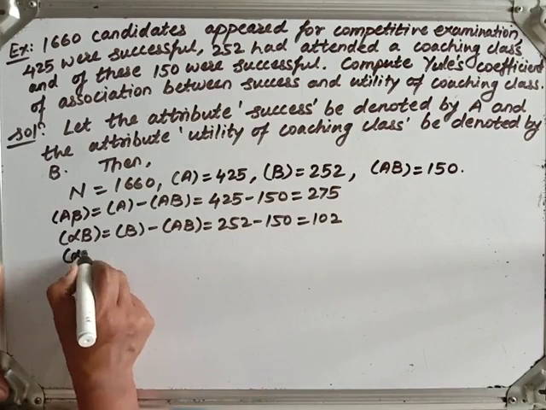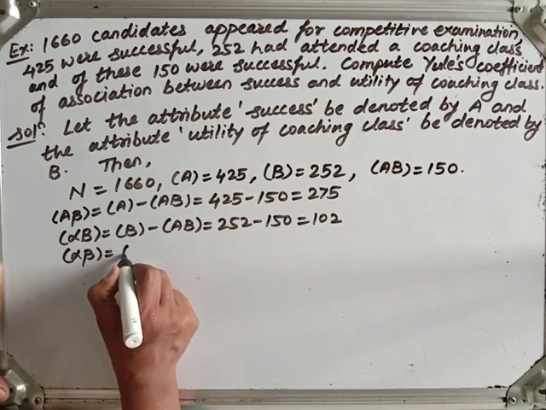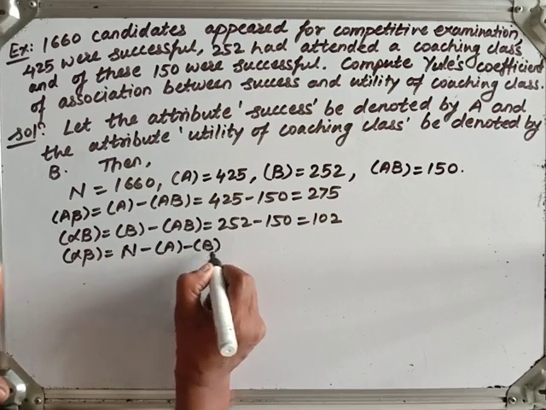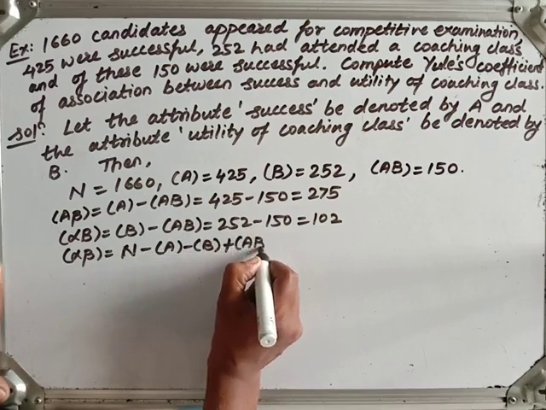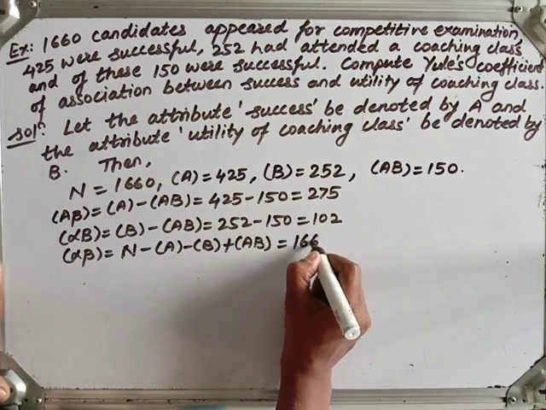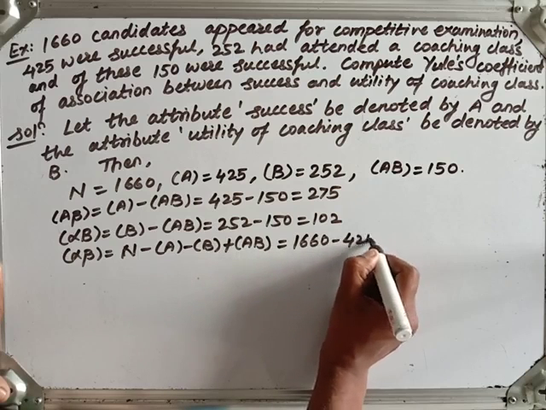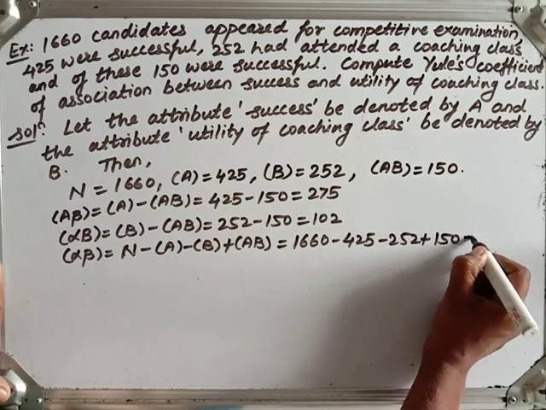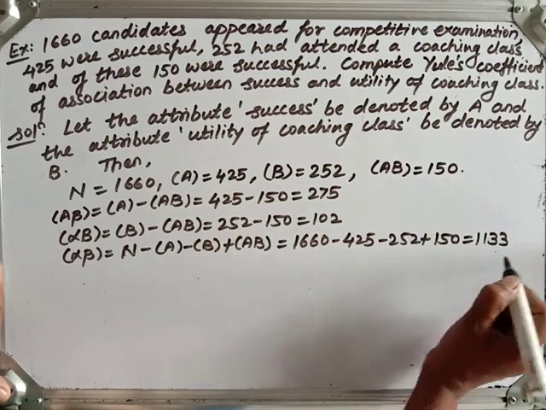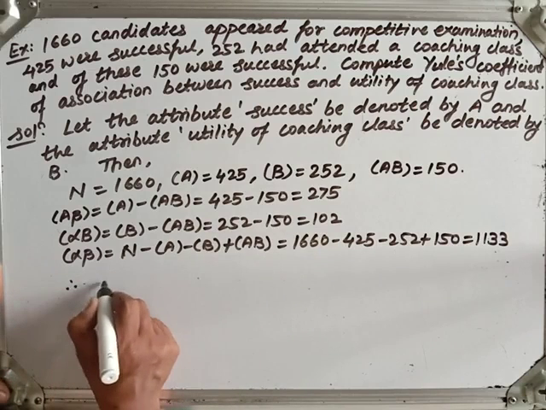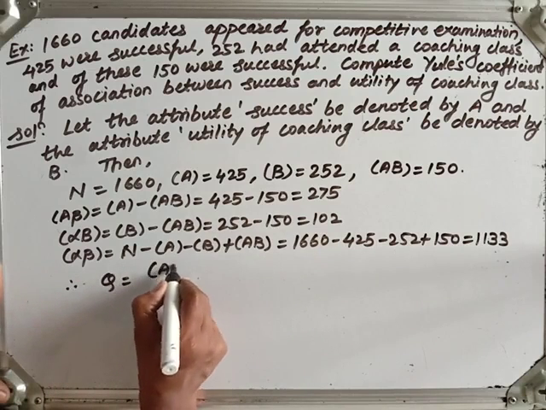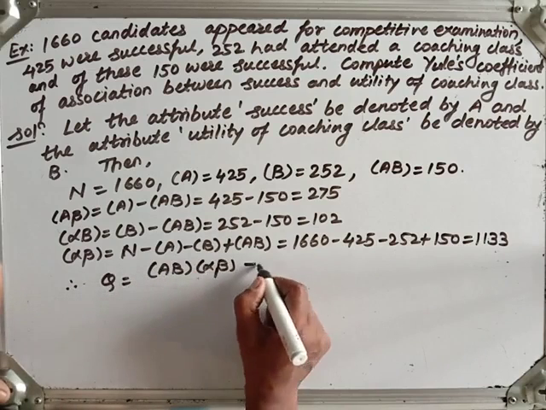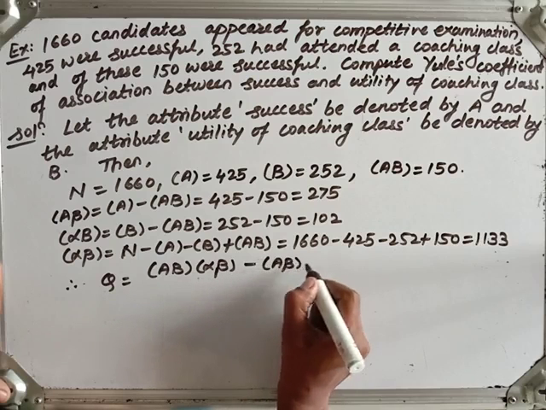And the frequency of alpha beta is N minus frequency of A minus frequency of B plus frequency of AB. So it is 1660 minus 425 minus 252 plus 150, that is equal to 1133.